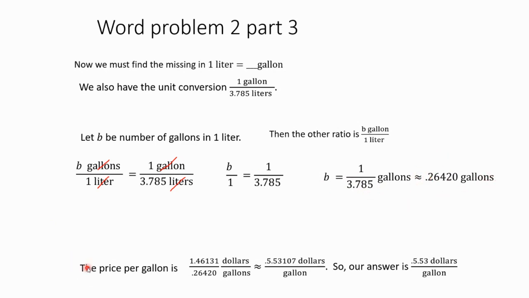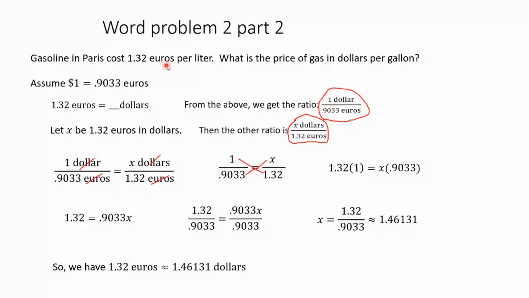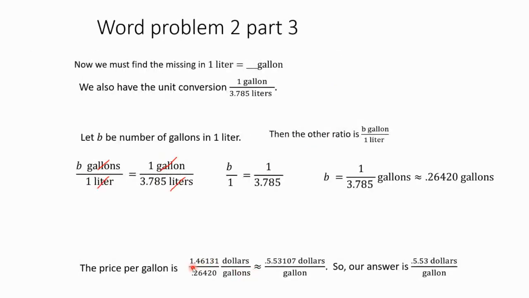Basically, what would the price be per gallon? Before it was euros per liter. So in dollars per gallon, we have $1.46131 per liter. So the price would be $1.46131 per 0.26420 gallons. It was euros per liter, so we have dollars per gallon.